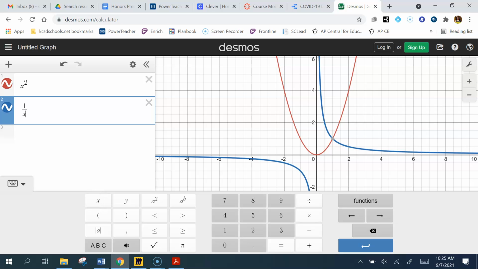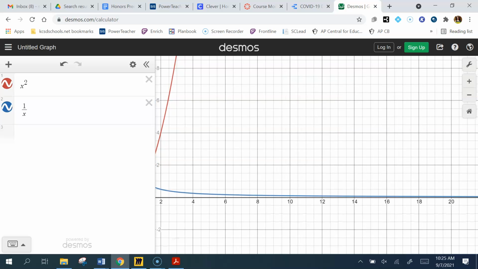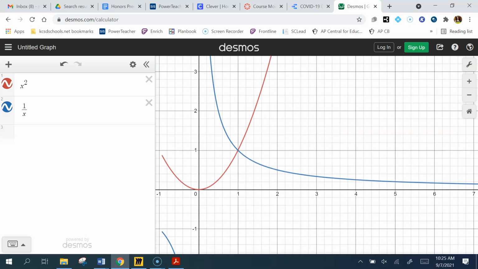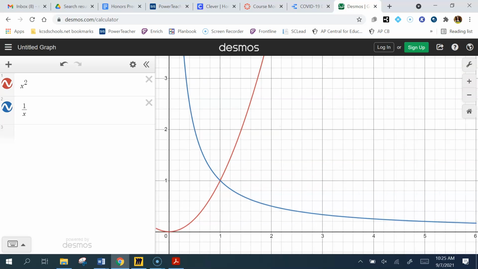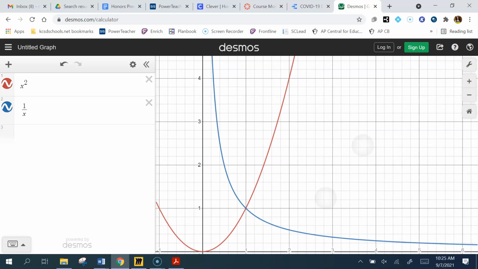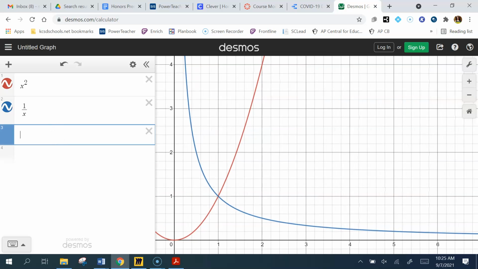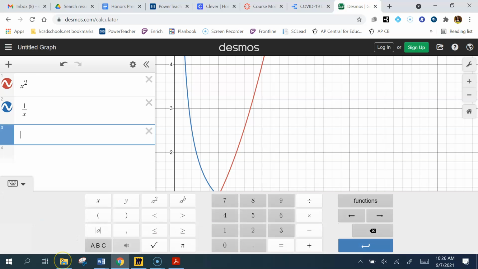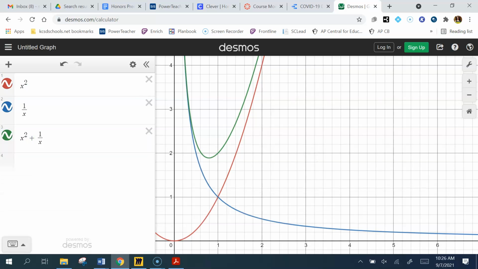And I'm going to adjust this window so that it looks like the window in the book, 0 by 5 and 0 by 5. Pretty close to what's in the book. So now if I do another one, this one I want to add the two together. So this one's going to be x squared plus 1 over x.